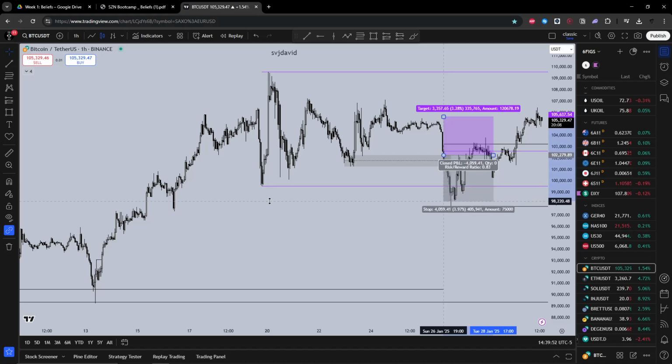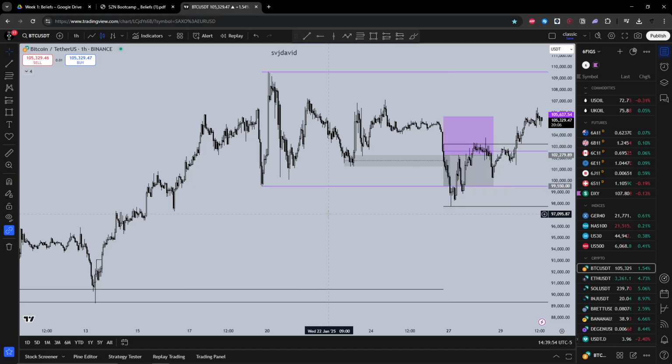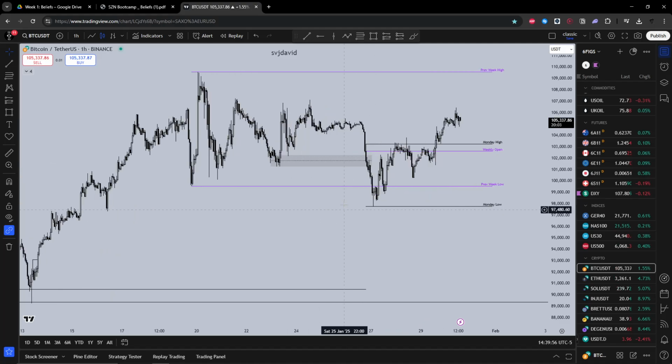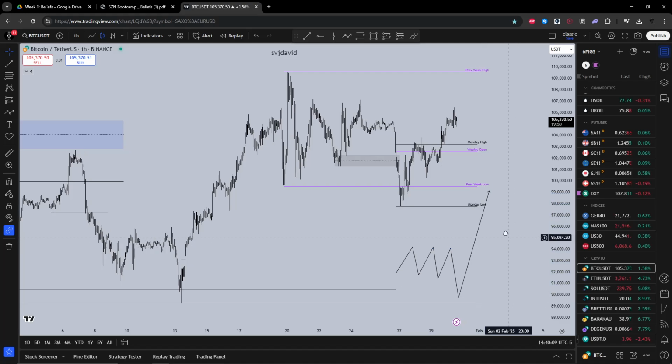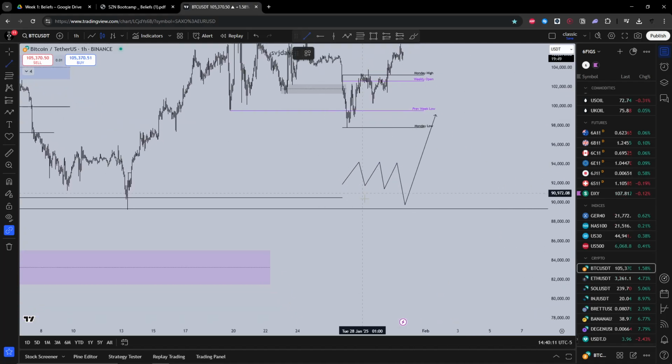So in the screenshot you put your stop right there, but the market always creates liquidity, takes liquidity, and then distributes. So the market creates liquidity right here to sweep it and then go higher.